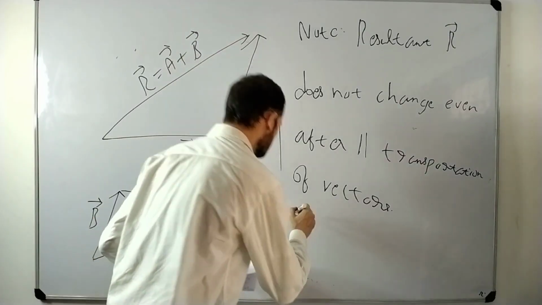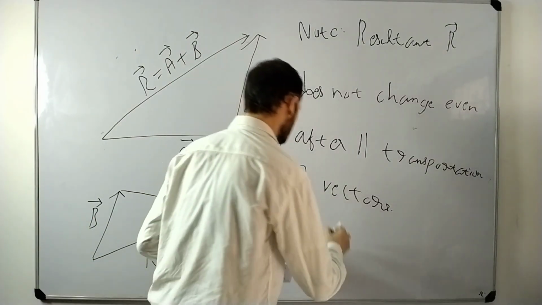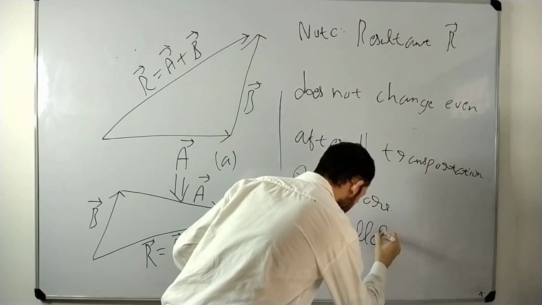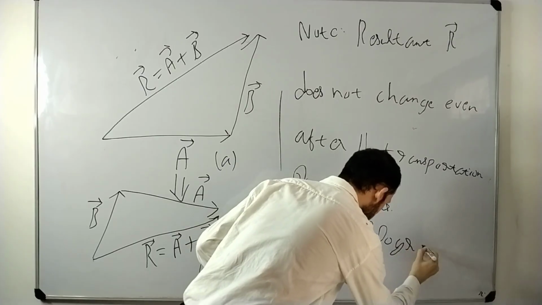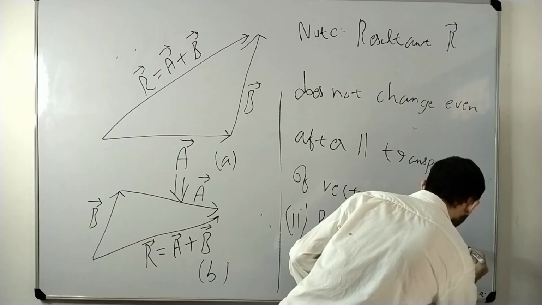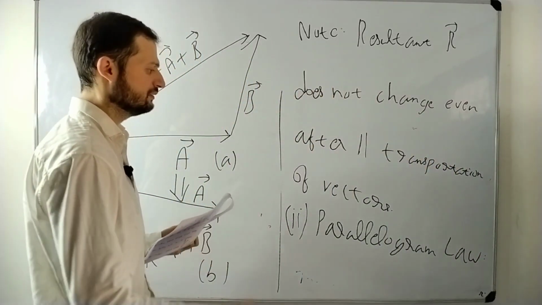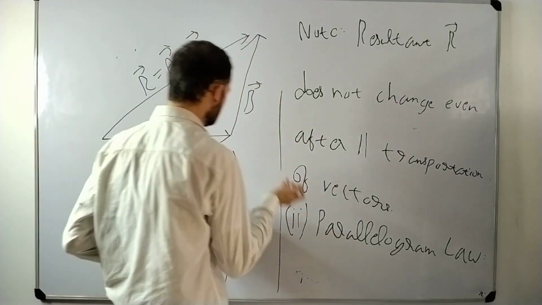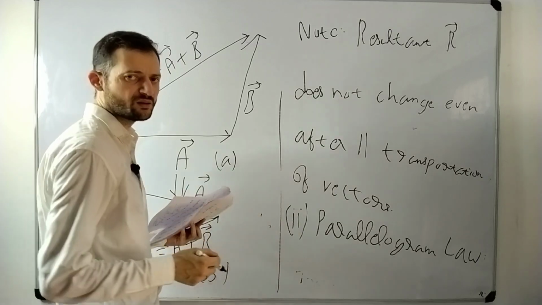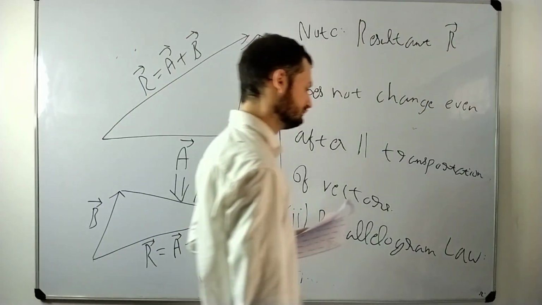Second, parallelogram law. So the triangle law we have discussed. Now the parallelogram law. So you would say, sir, is it the same thing as the triangle law? It is quite similar to triangle law, students, but here we will consider angle also.